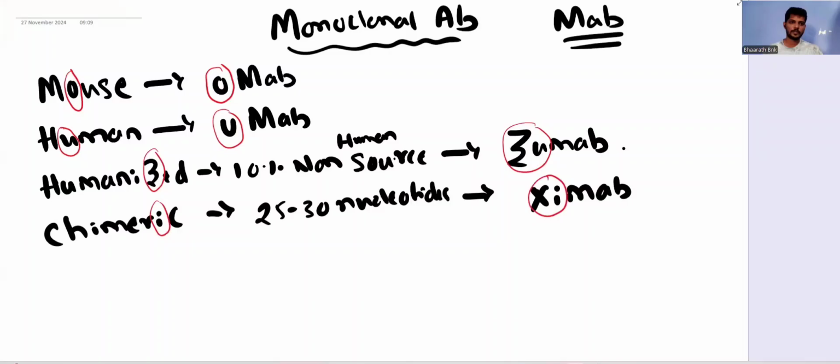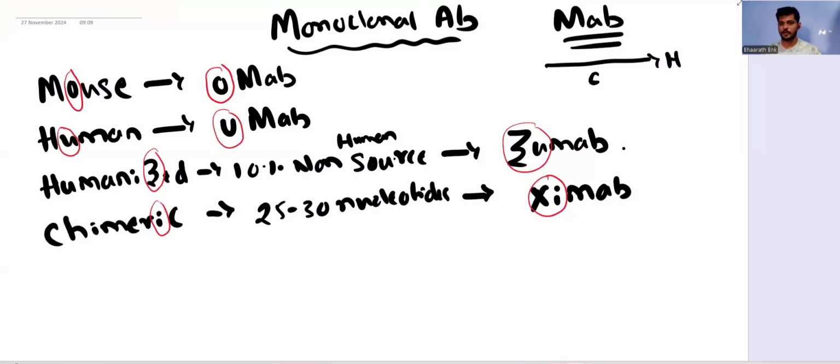Now, sometimes you want to produce a humanized antibody where the non-human source protein is only 10%. But in the process of production of this humanized antibody, you need to produce a chimeric intermediate, right? You start the process with an aim to produce a humanized antibody ultimately, but to produce this, you need to add more nucleotides and then you delete these nucleotides.